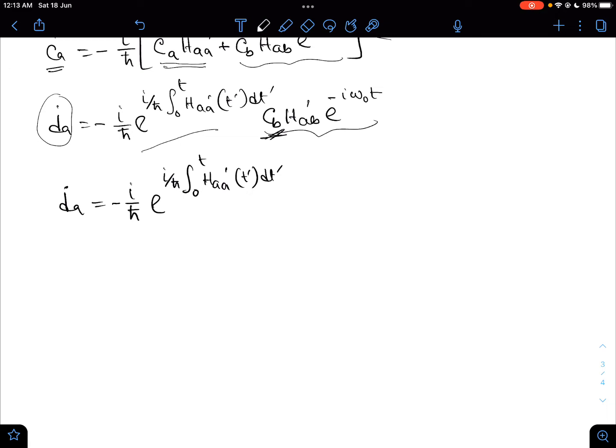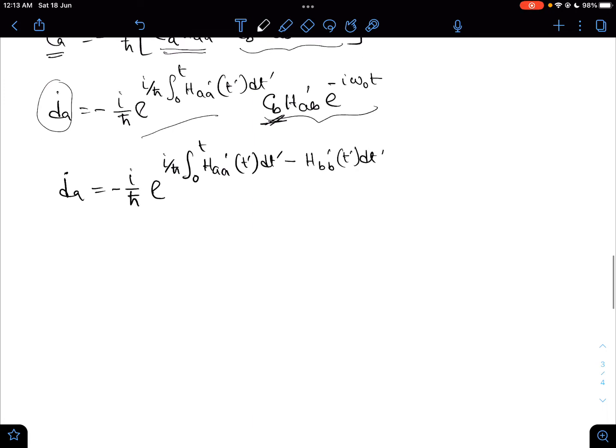After replacing, we get minus H_bb'(t') dt'. Let me just check once. Yeah, and we have here H_ab' e^{-iω0t} d_B.